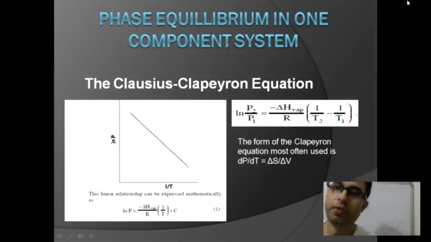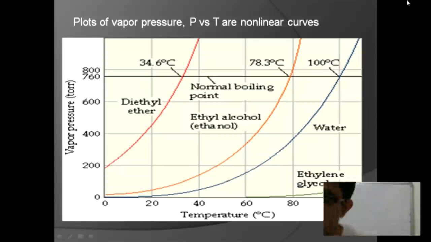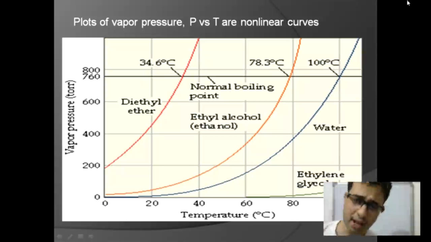So for any equilibrium condition, please note that the pressure and temperature are very important. Just go back to this slide. Look at this plot. On the y-axis there is vapor pressure, and on the x-axis there is temperature.